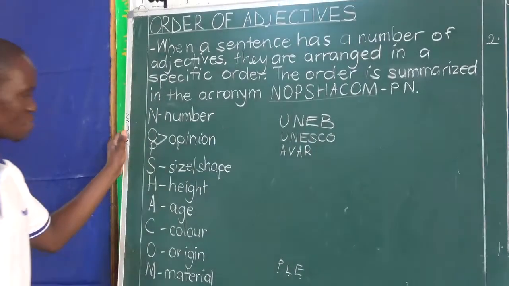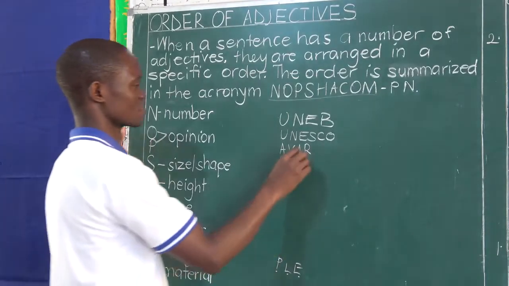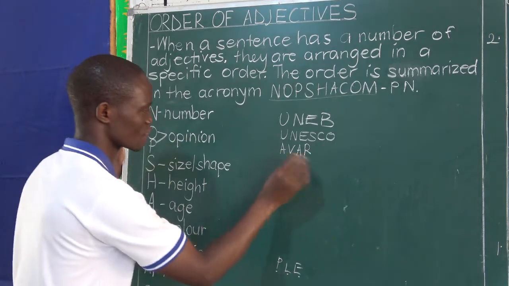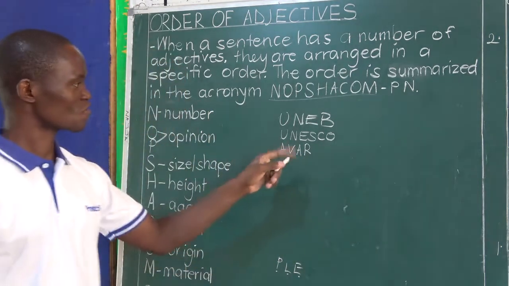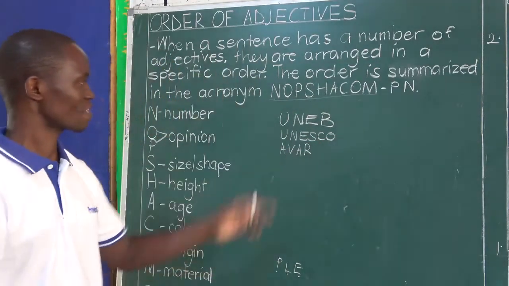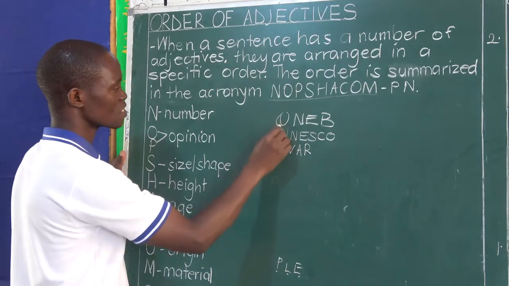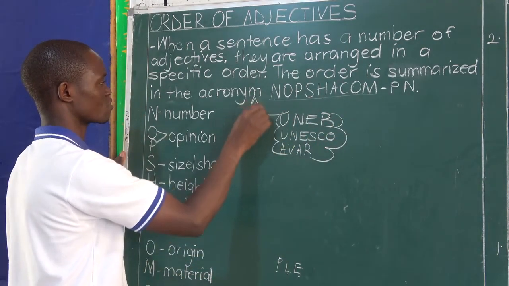But no worries, if you did not learn about AVAR, the P7 teacher will repeat it in P7 Term 2: Association of Veterinarians for Animal Rights. Then UNESCO, United Nations Education, Scientific and Cultural Organization. UNEB, Uganda National Examinations Board. All these can be read as words, meaning they are acronyms.